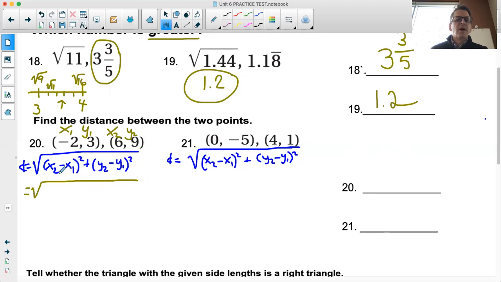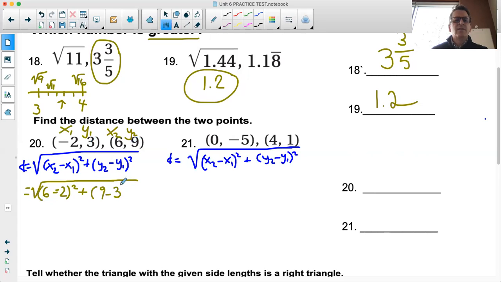Okay, so x of 2, which is 6, minus x of 1, which is negative 2, and we're going to go ahead and square that. Plus y of 2, which is 9, minus y of 1, which is 3.